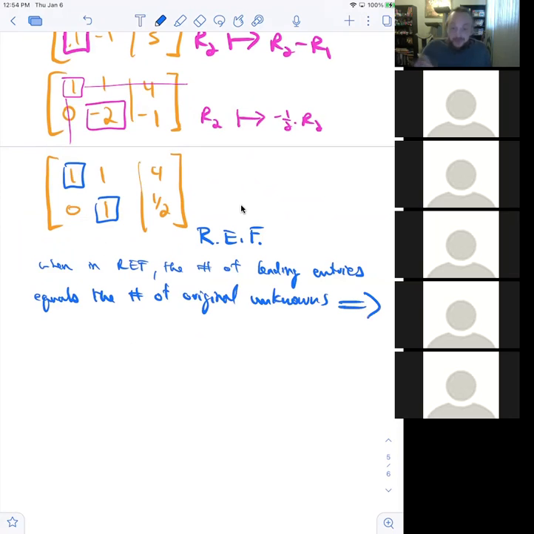Then that implies we have a unique solution over the original unknowns we had.